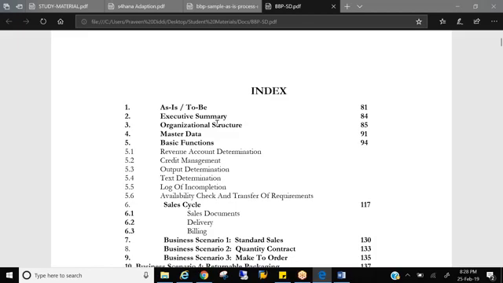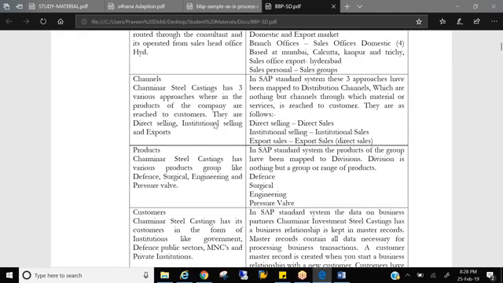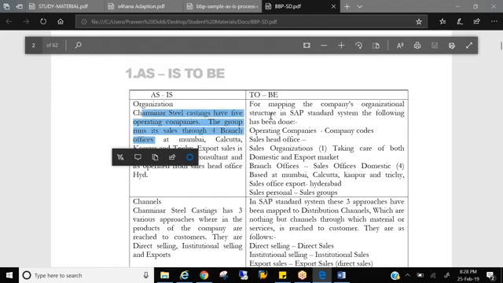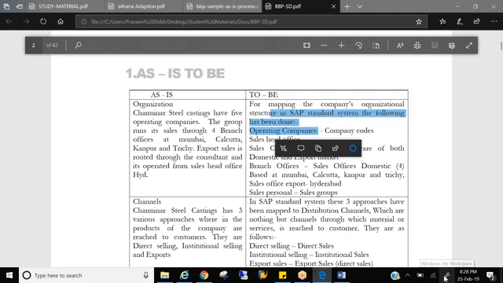As is means at the present, how the customer's business is running without SAP, and the same business in SAP, how it's going to be. Let me give you 1 or 2 scenarios. When you sit for requirement gathering, your customer is telling that we are a piston manufacturing company for automobiles, and we supply goods to our customers.